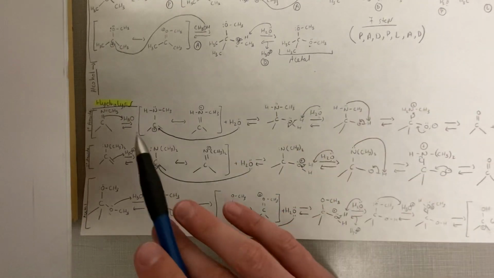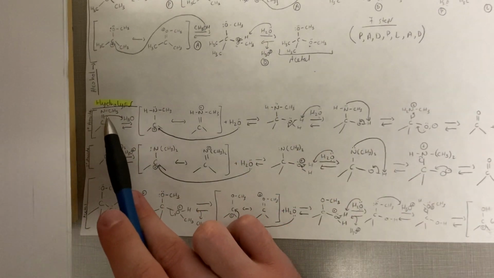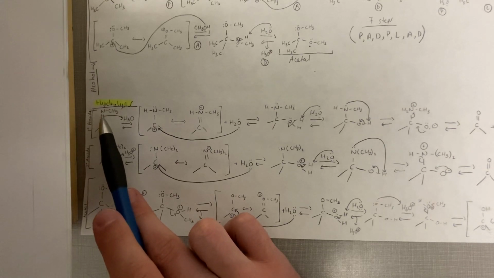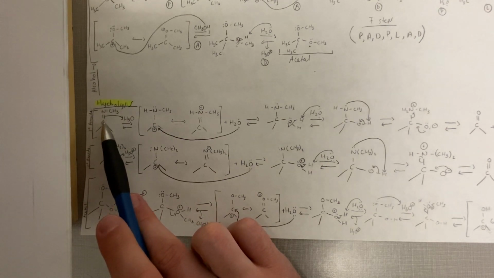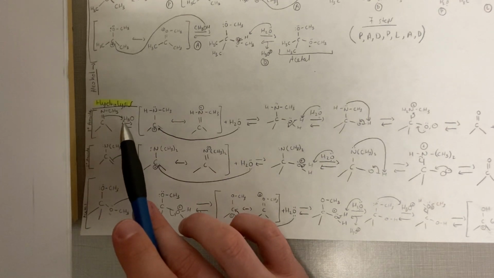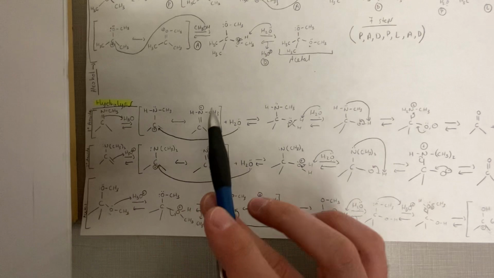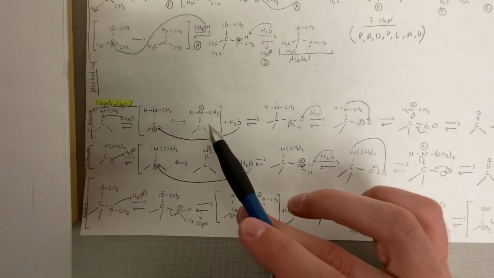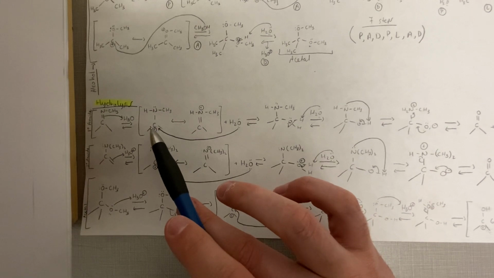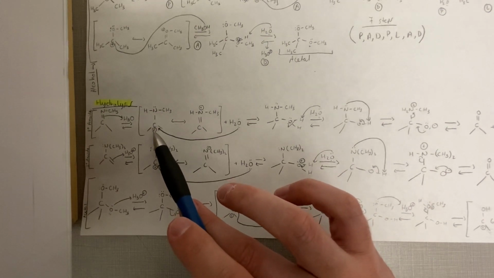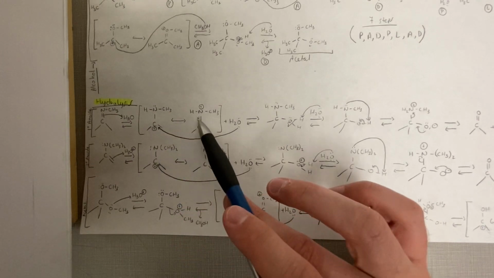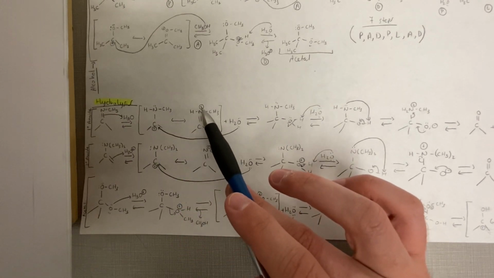So let's start with the hydrolysis of a primary amide. So first of all, what's going to happen is the pi electrons of the double bond between the carbon and the nitrogen are going to get protonated and create a resonance here where the carbon is going to get a formal positive charge, or the nitrogen gets a formal positive charge.